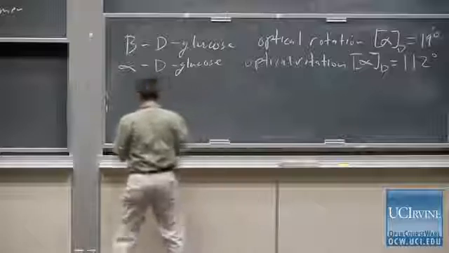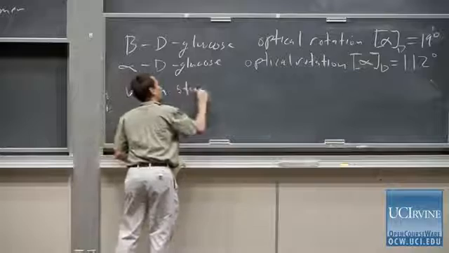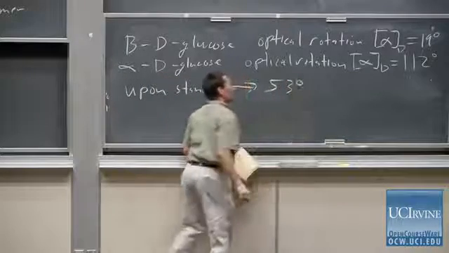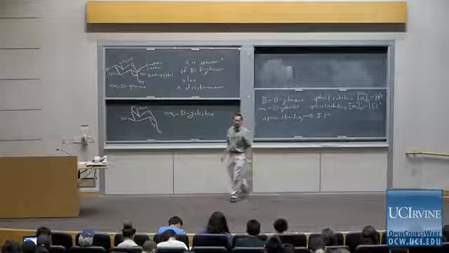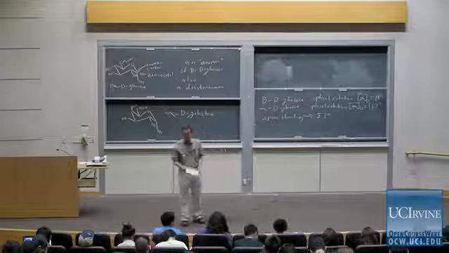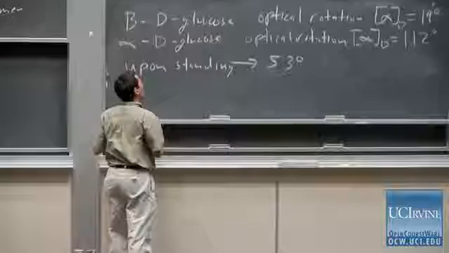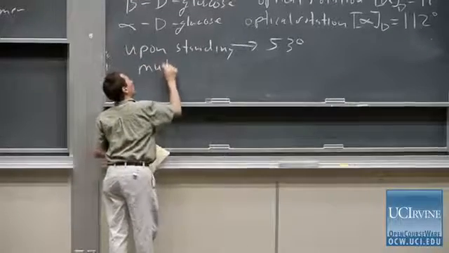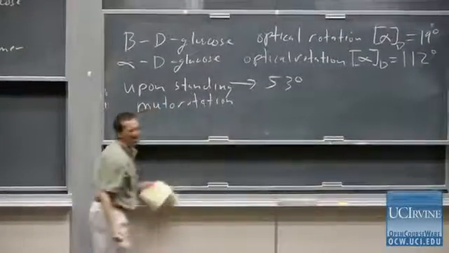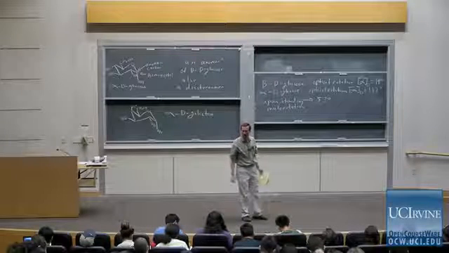So upon standing, both of these end up going to 53 degrees specific rotation, because the two anomers are interconverting. We call this process mutarotation. Muta is change, so basically that's a fancy way of saying changing rotation.